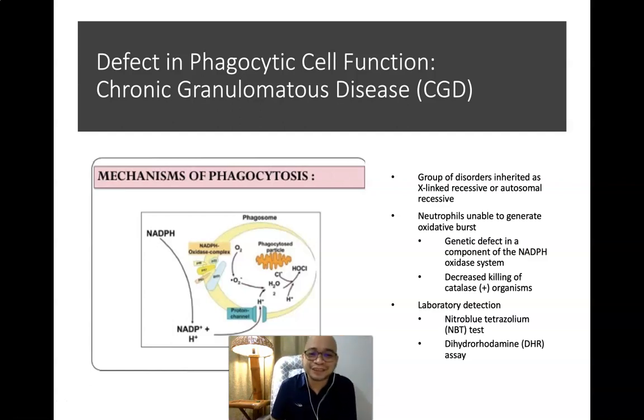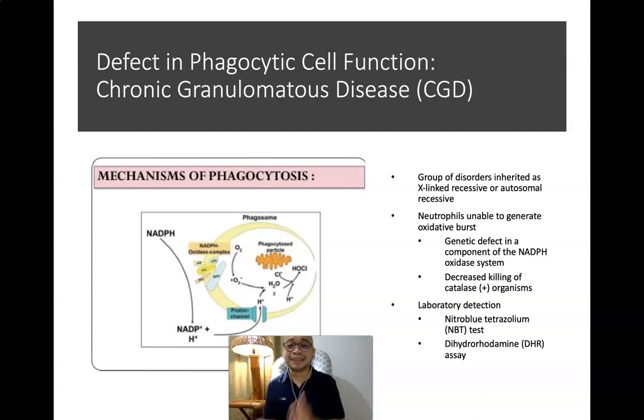Neutrophils would be unable to generate an oxidative burst, and the oxidative burst is important so that the neutrophil can completely perform the outcome of phagocytosis, which is digestion of the ingested pathogens. Without the oxidative burst, that will not be possible. Hence, there would be decreased killing of catalase-positive organisms.